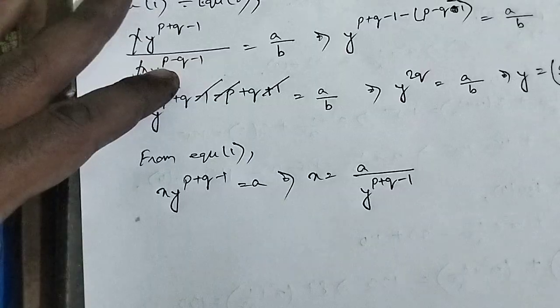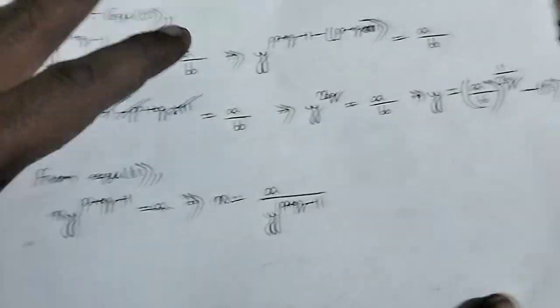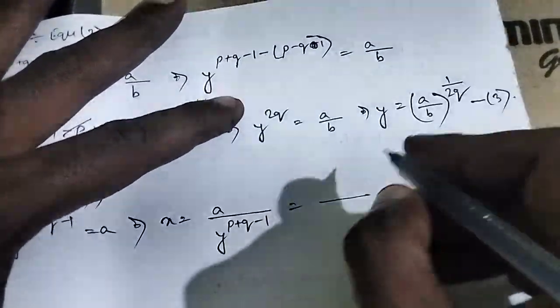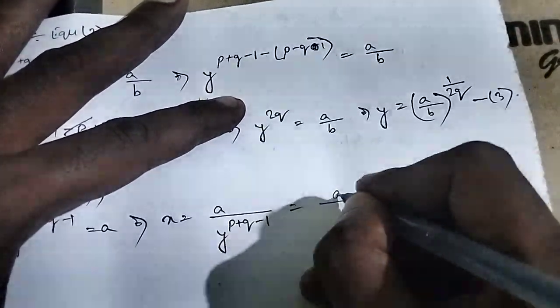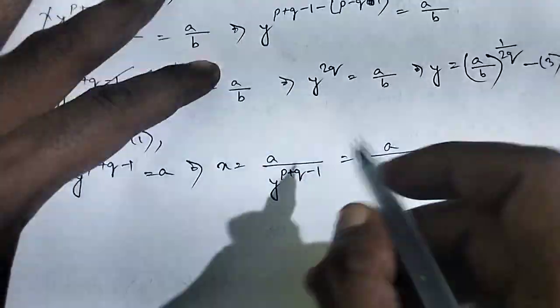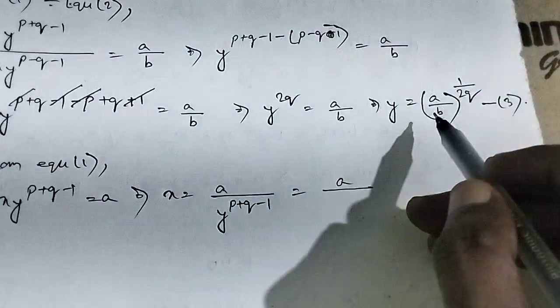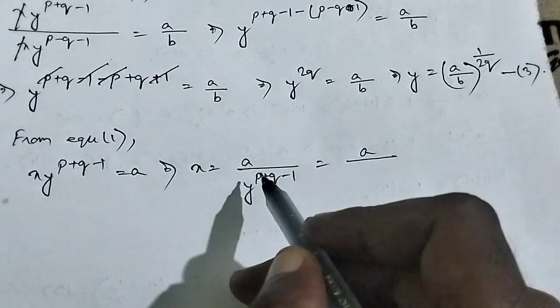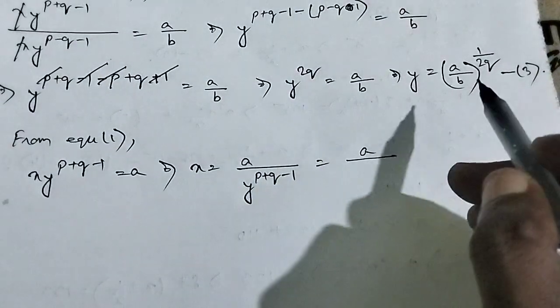I can write, no problem. And y is equal to (a by b) whole to the power 1 by 2q. So in place of y I can replace y by this.